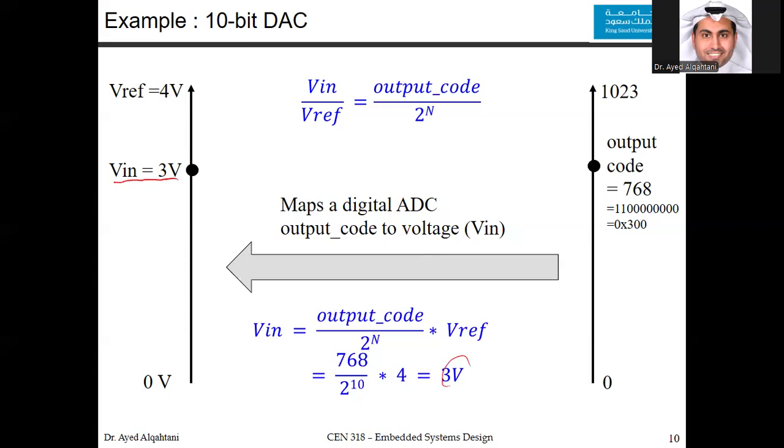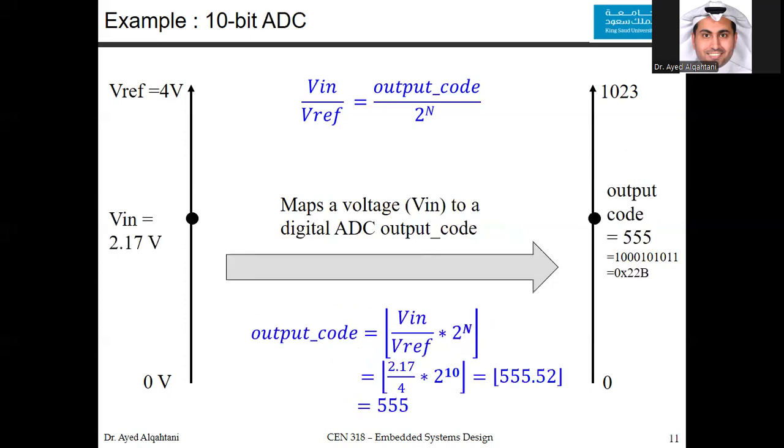Now let's have another example where you lose some of the fractions. Here, let's say that the Vin is equal to 2.17, and you want to find the output code. If you plug in the values, 2.17 divided by 4, multiplied by 2 to the power of 10, and then you take the floor, this will result in 555.52.